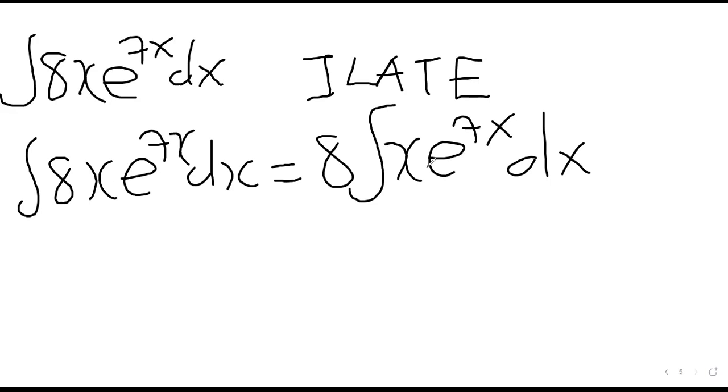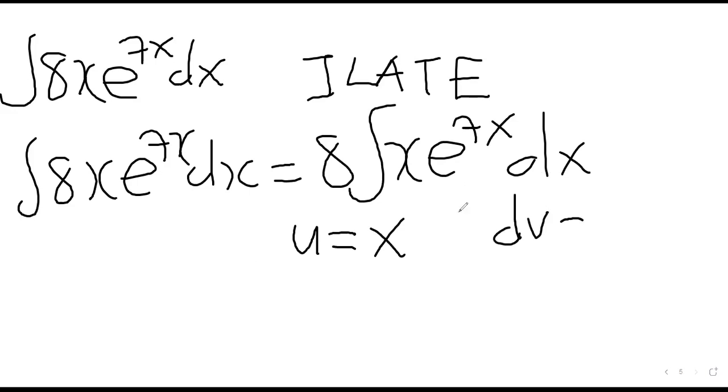In this case, you are going to let u equal x because algebra came earlier than exponential. So let u equal x, and what is remaining here is dv.